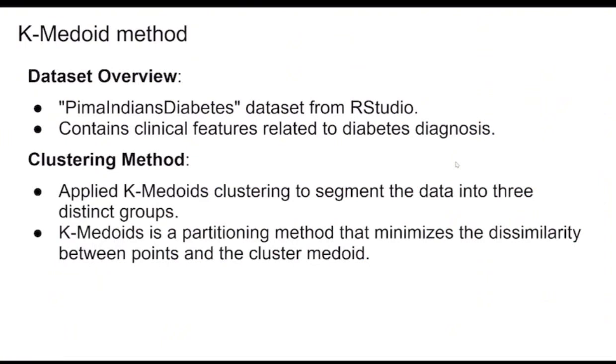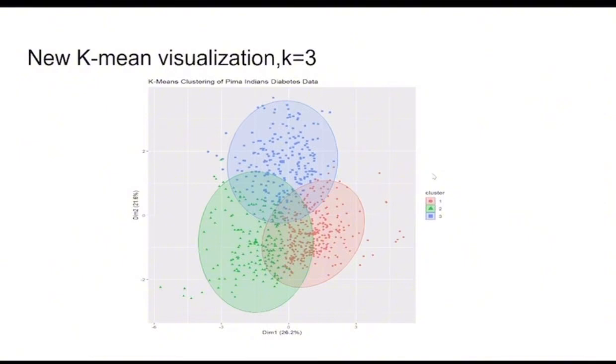For the k-medoids example, k-medoids clustering improved robustness by using medoids instead of centroids, making it less sensitive to outliers. We segmented the same dataset into 3 groups. The visualization showed distinct clusters, but minor overlaps remained.